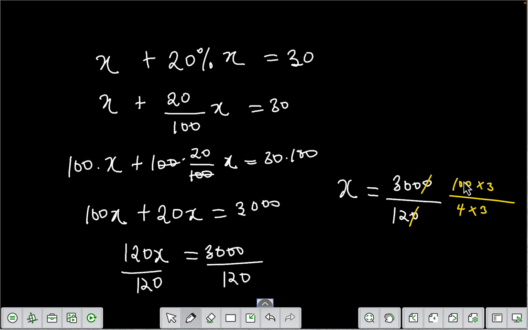Now again, you know that this then will cancel that, so you have 100 over 4, and this is 25 times 4. This is 4, right? So this cancels that. So 3,000 over 120 is x equals 25. Alternatively, if you are allowed to use calculator, you could punch that into the calculator and get your answer.